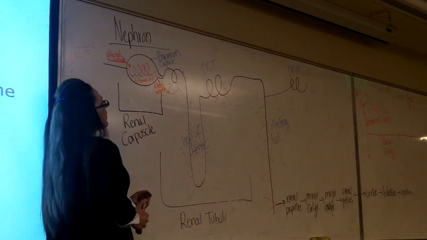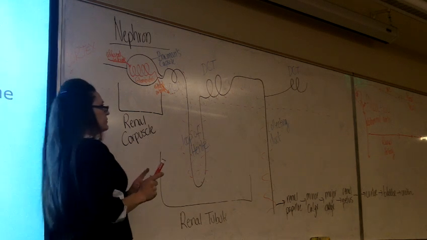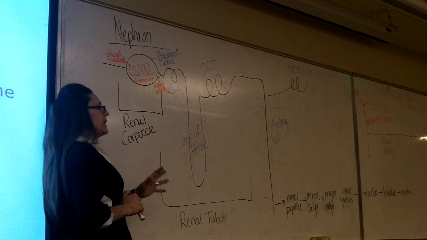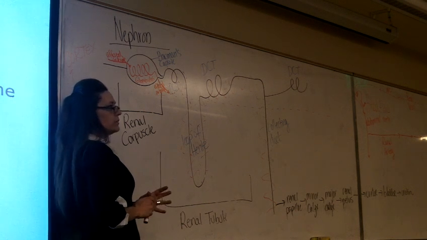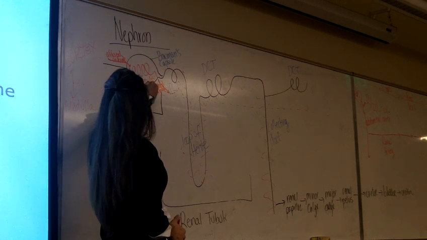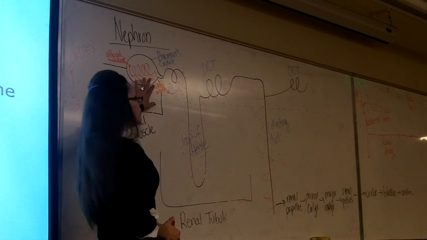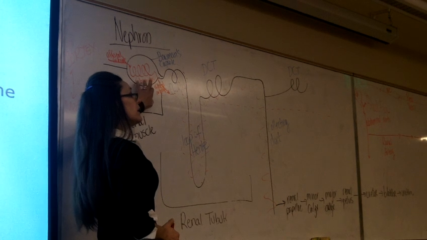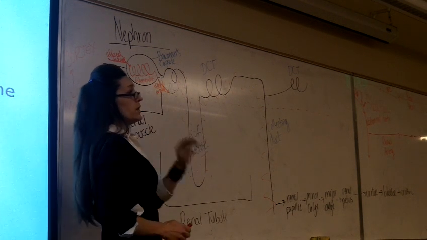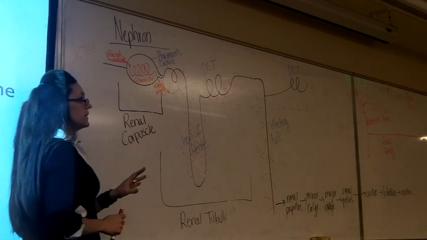So think about what blood plasma is first of all, right? Blood plasma is the water and anything that's dissolved in the water. So what ends up in the filtrate is anything that's in that plasma that's small enough to fit through the slits. So that should be most of what the plasma is.